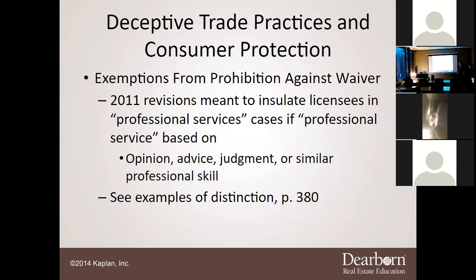The 2011 revision was meant to insulate licensees in professional services. There are cases if the professional service was based upon opinion, advice, judgment, or similar skills. Okay, meaning that in this situation, if I give advice about a house, I should not be worried that Aiden's going to sue me because I'm giving advice.